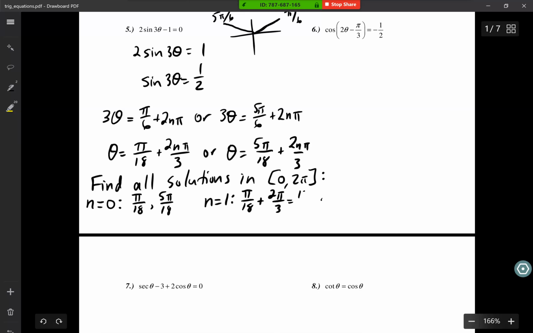So this one will be 13 pi over 18. I do the same thing for the second solution over here. I would have 5 pi over 18 plus 2 pi over 3. We just said that was 12 pi over 18. Plus a 5 gives me 17 pi over 18 then.